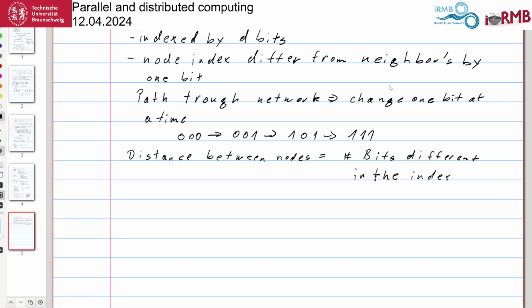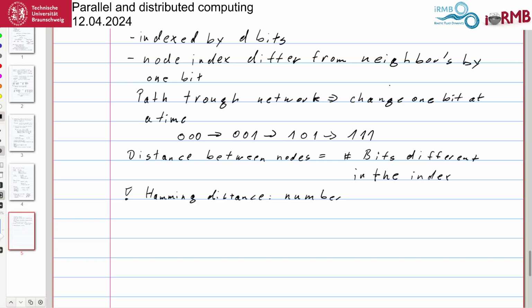What we have just discovered is that the distance between the nodes is the Hamming distance of their indices. What is the word for Hamming distance in Chinese? It's actually Hamming distance.